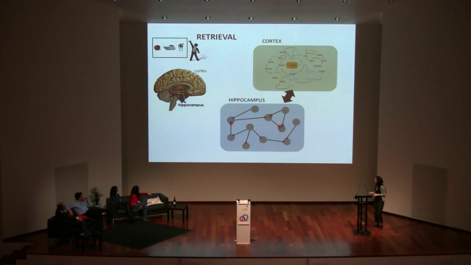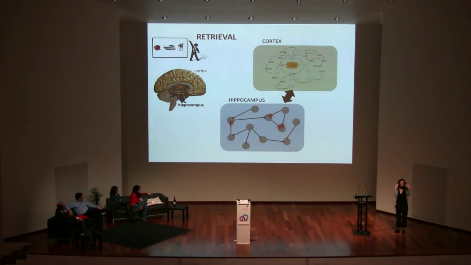Actually, every time you retrieve a memory, so when you recall a particular memory, like the list of words that I told you, even if it's consolidated, the fact that you recall, you're going to activate neurons in the hippocampus, and that's going to actually make these synapses unstable, okay?